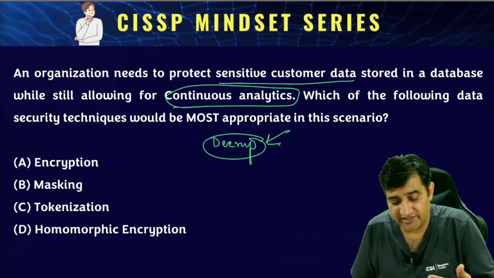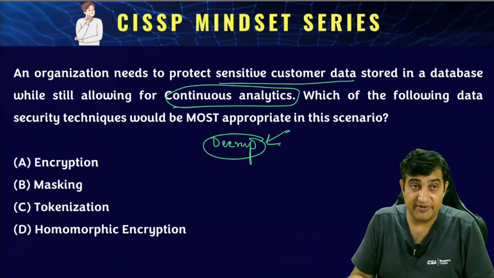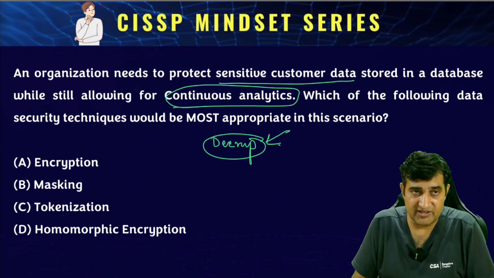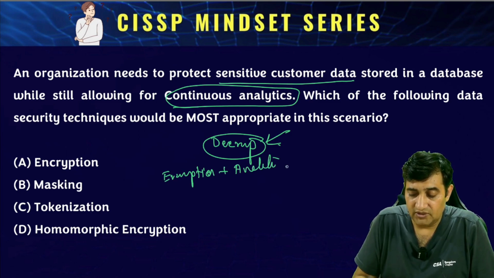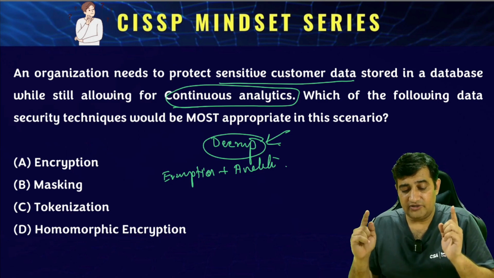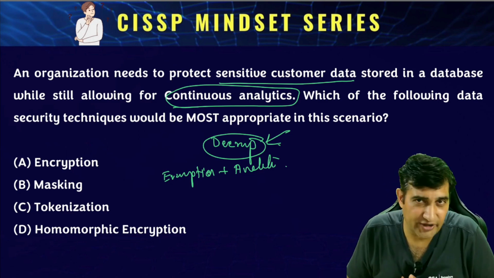But what the question is saying is they need to protect sensitive data stored in the database. That means all the time it has to be encrypted as well. So you need encryption also, and at the same time you need analytics to work. Which of the following data security techniques would be the most appropriate in this particular scenario?